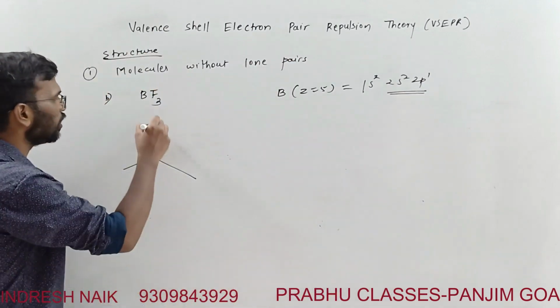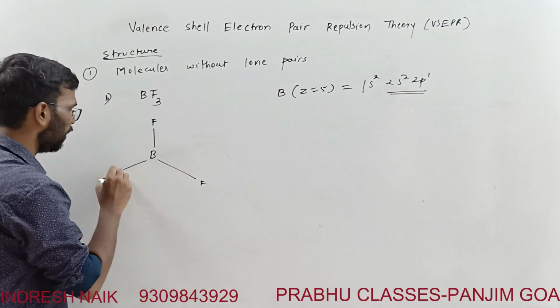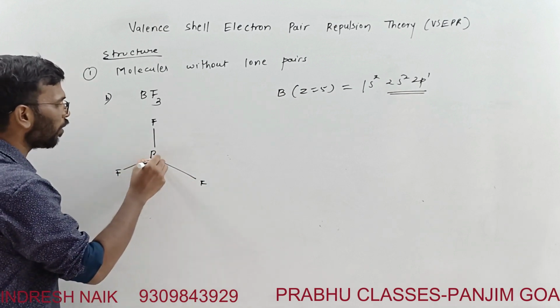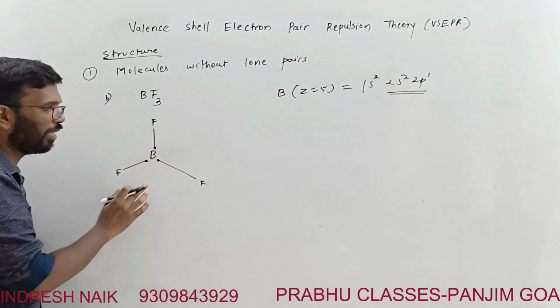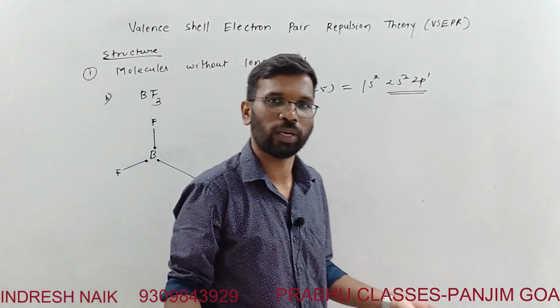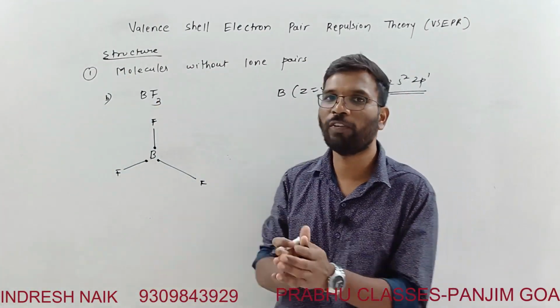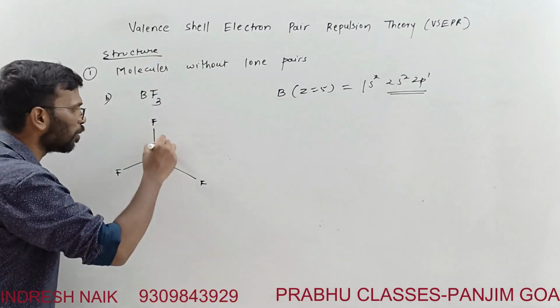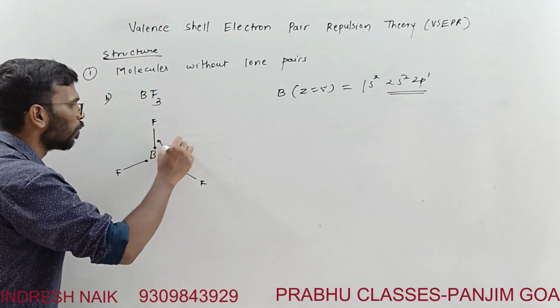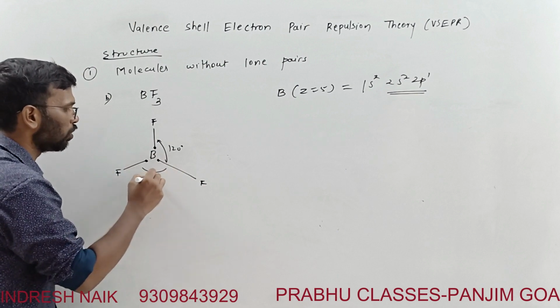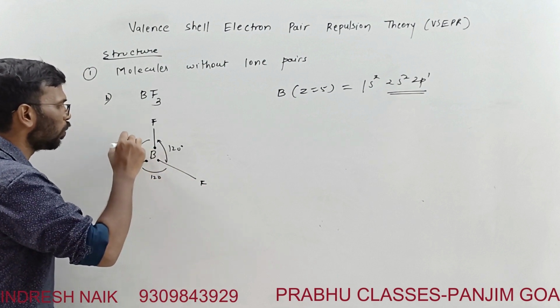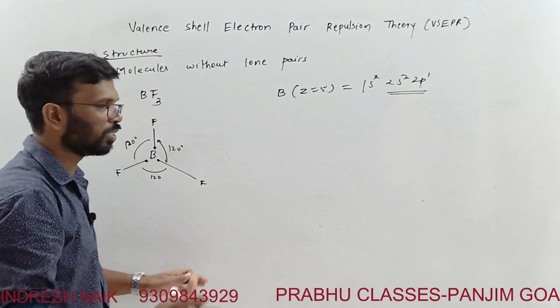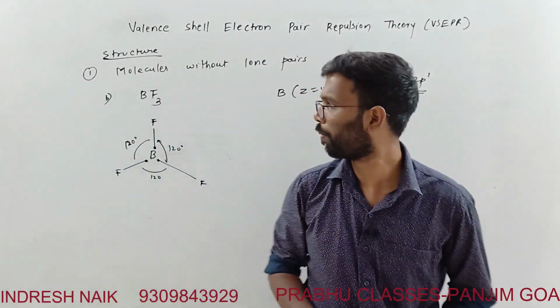This is fluorine, fluorine, and fluorine. All 3 electrons are utilized for bonding, so there is no lone pair, only bond pairs. The bond pairs stay as far apart as possible, which is 120 degrees, 120 degrees, and 120 degrees. So this is BF3.